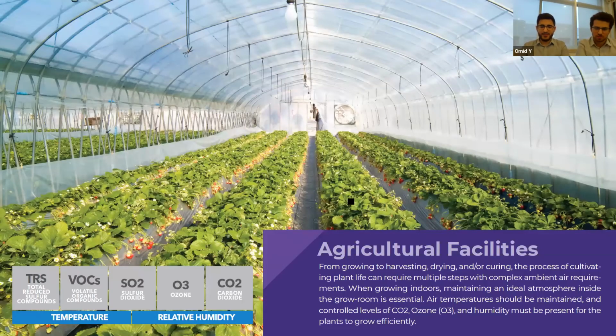Okay, next we have an application in agricultural facilities. There's been a growing interest in indoor gardening, as you can see in the picture. We would want to be able to monitor the growth of these plants. With our device, you can monitor all these levels in this facility to see how the plants are performing, how much CO2 or oxygen exchange there is, and the humidity levels that you can keep at the optimum level, as well as temperature and other parameters.